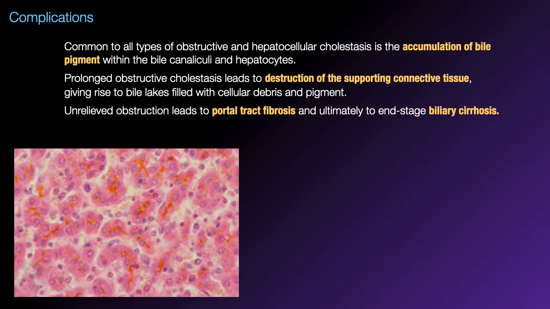You can see it in the picture there, the yellow dots, all right? If the obstruction is not relieved, portal tract fibrosis results and may finally cause biliary cirrhosis, which we will go through later on. All right, perfect.